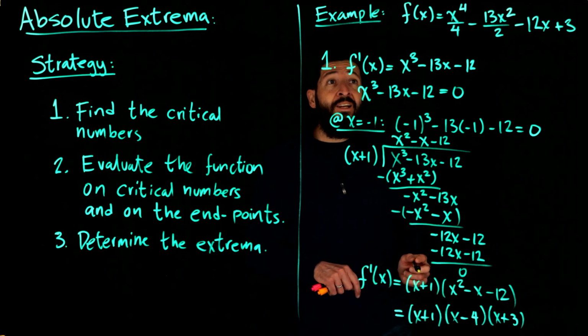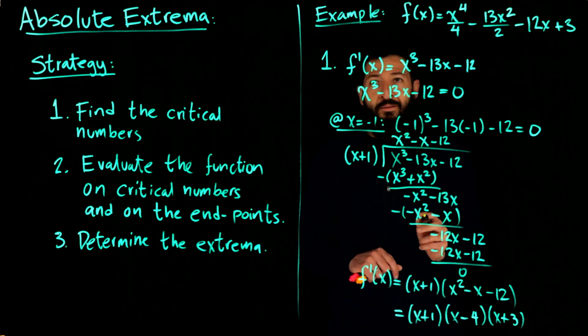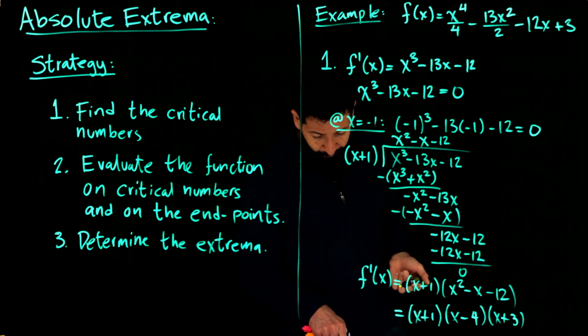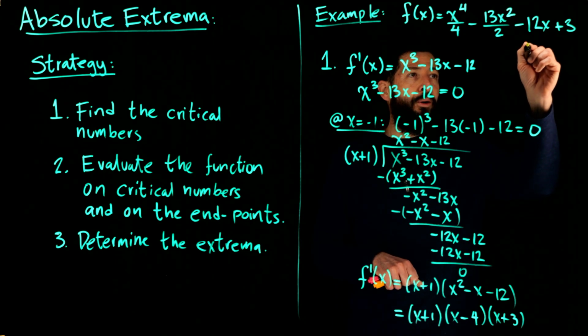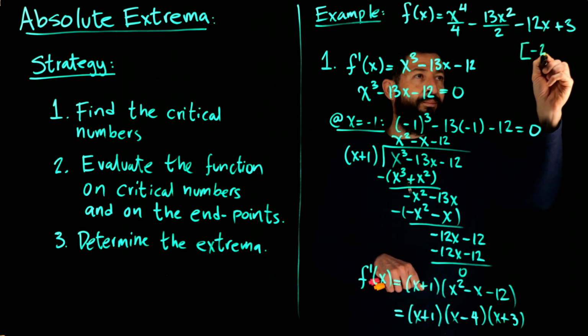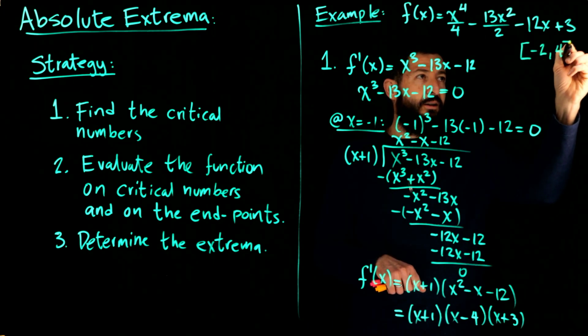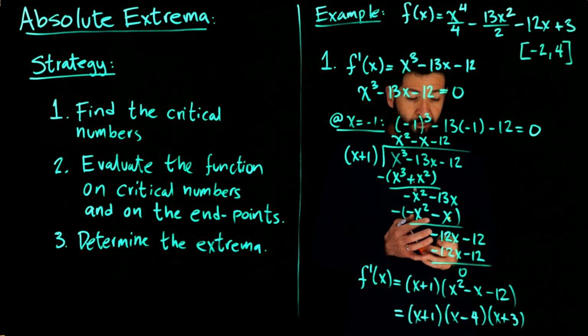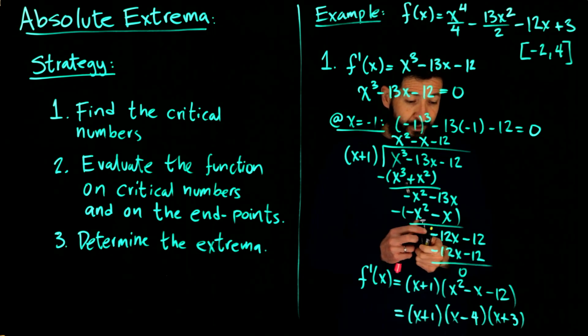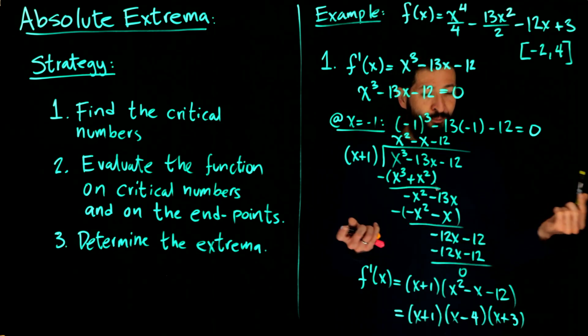One thing I did not tell you, I gave you the function, but I did not give you an interval. So what is the interval we're going to be using? It's going to be negative 2 to 4. Of course, you could pick any, but let's see then which critical numbers live in the interval. And I chose this one so we could leave at least one out.